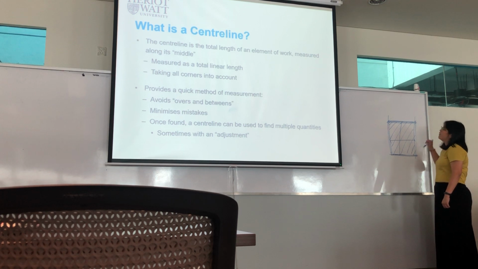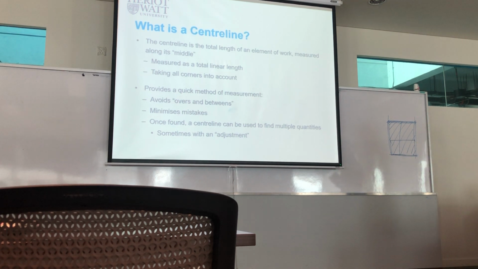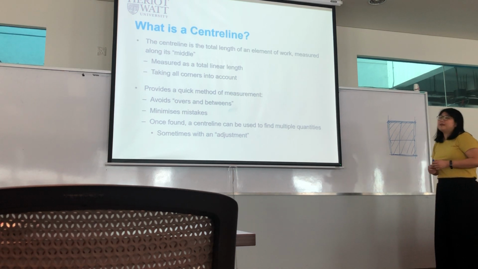So sometimes you will get confused. To make things easy, we just take center line. Alright? So, minimize mistakes. Once found, a center line can be used to find multiple quantities. Sometimes it can be adjusted.